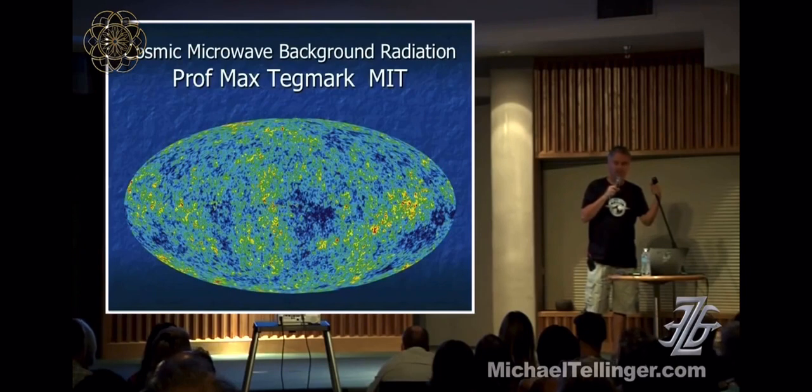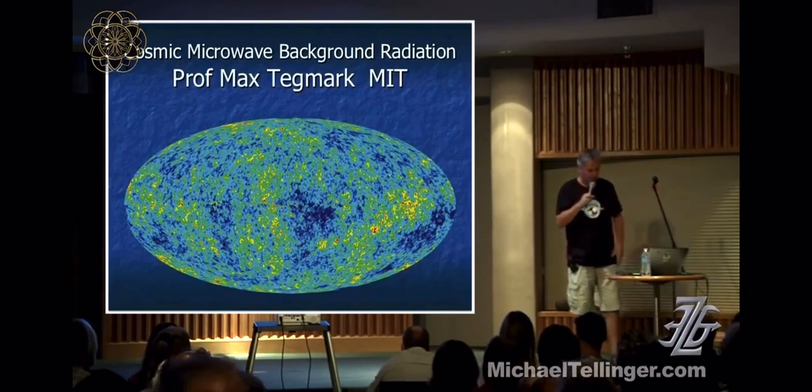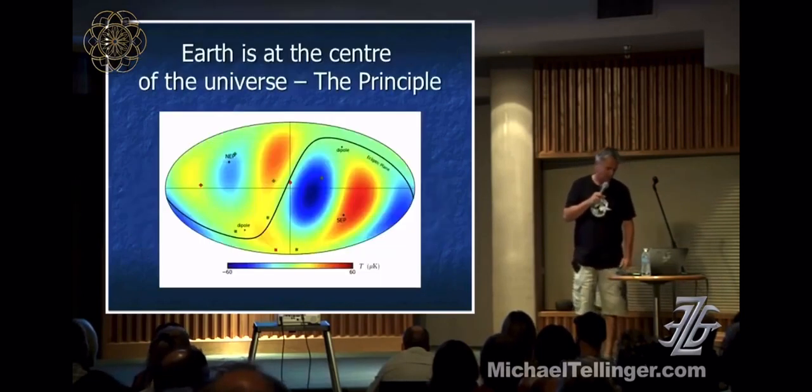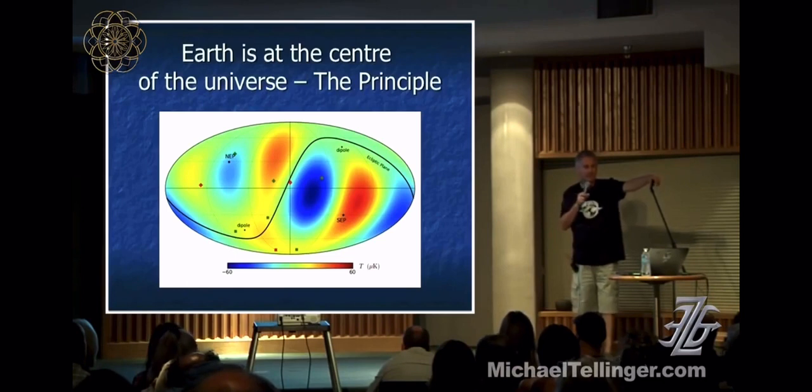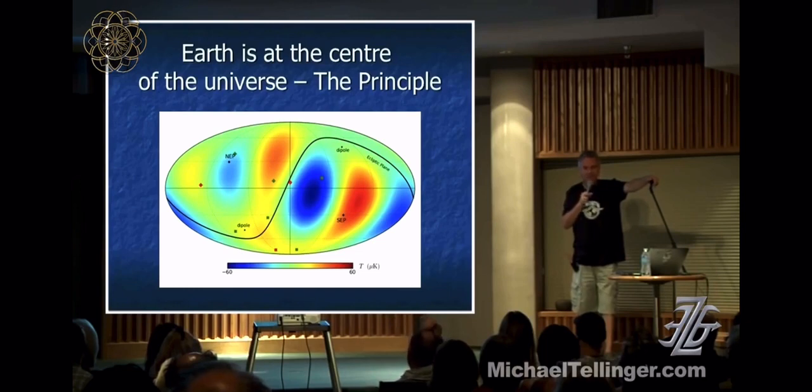And Max Tegmark from MIT, in The Principle, I don't know if you've seen the documentary called The Principle, very clearly tells us, and he's the guy that drove that experiment, they found that from our perspective, the earth is the center of all of creation.